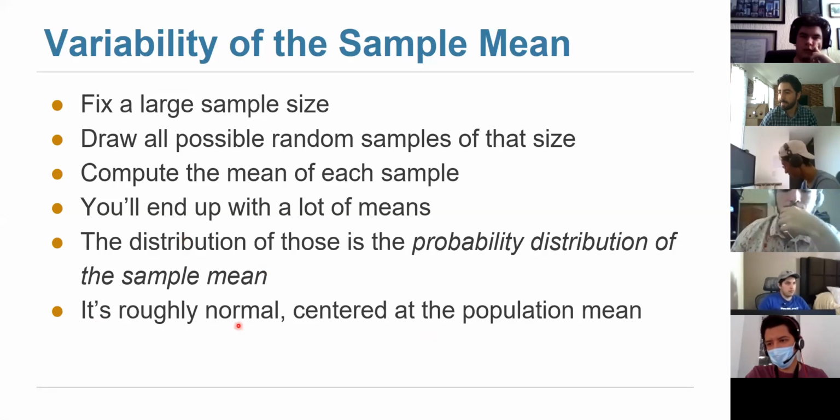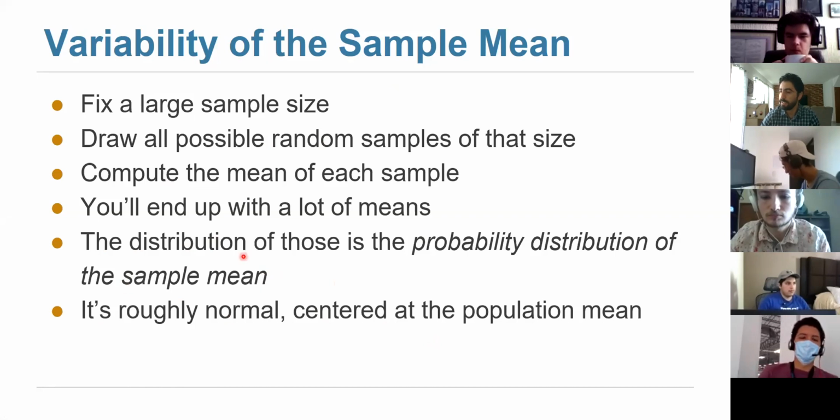So basically, that roughly normal distribution is what you get if you take a sample mean, take another sample mean, and so on, and then make a histogram.